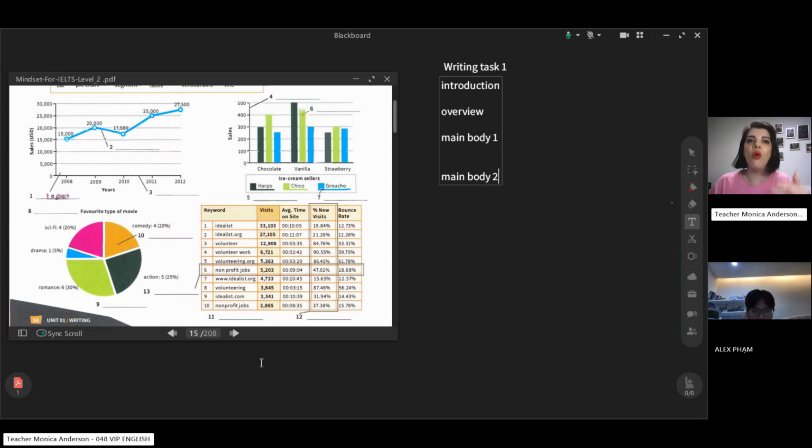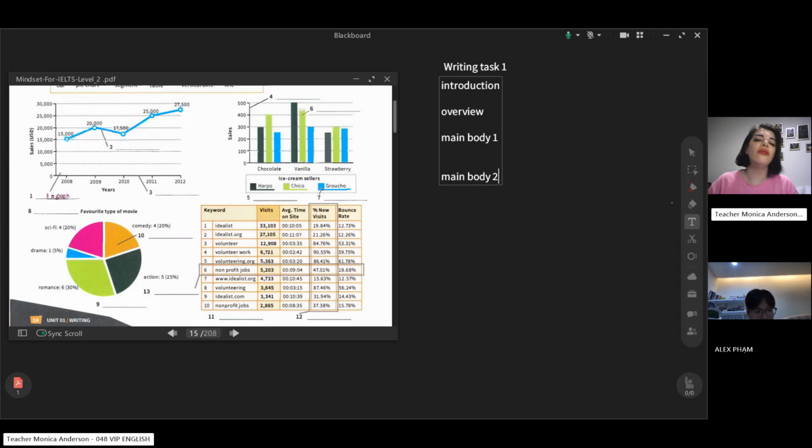That's really important. When we have a question, we need to paraphrase it. What is this chart about? What does it show? What does it illustrate? What does it demonstrate?